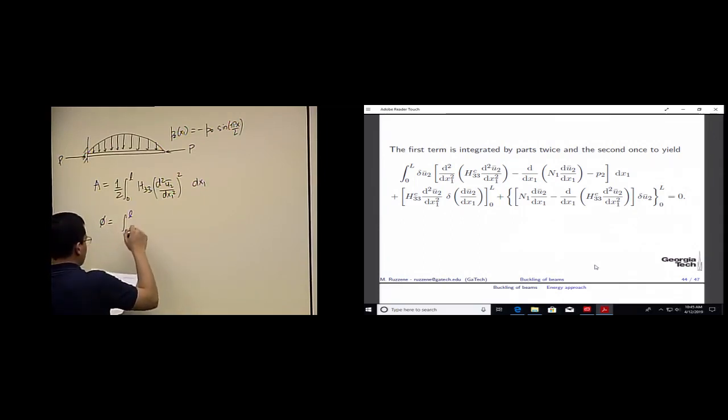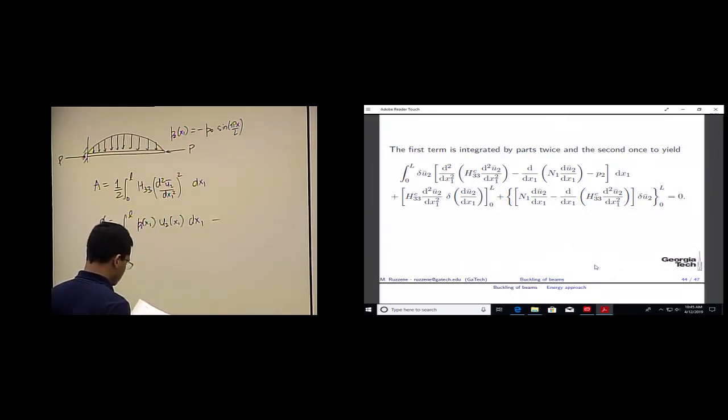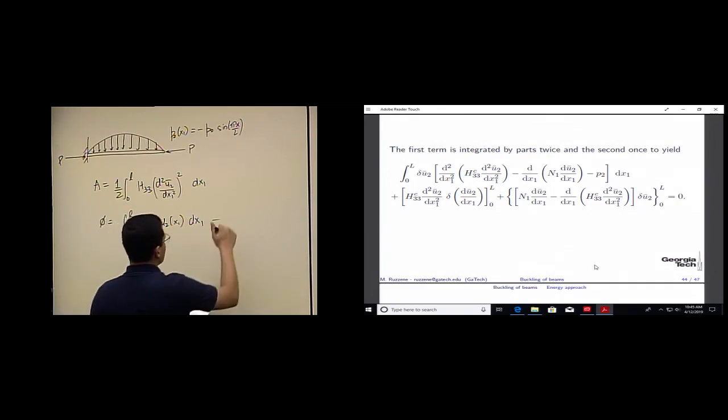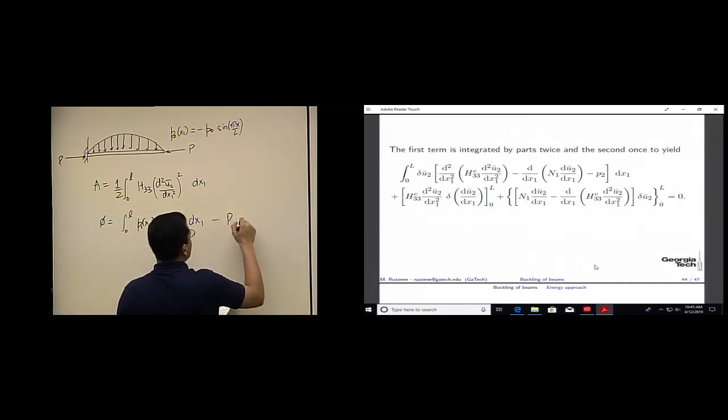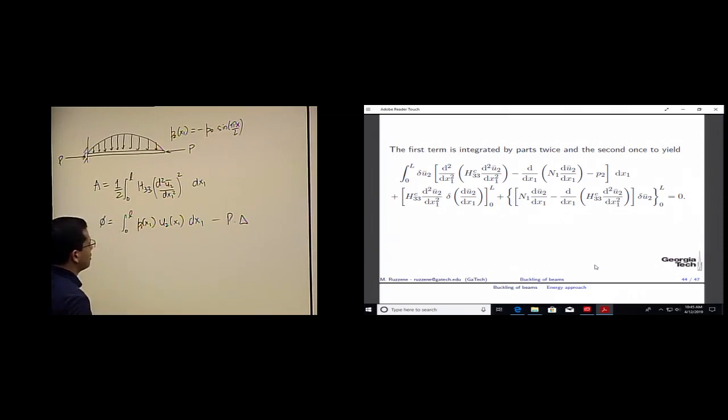So that is integration 0 to L P2 x1 times u2 x1 dx1, minus the axially applied load P times delta, right, the work done by the externally applied load.